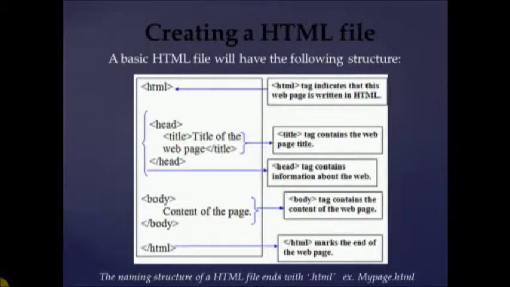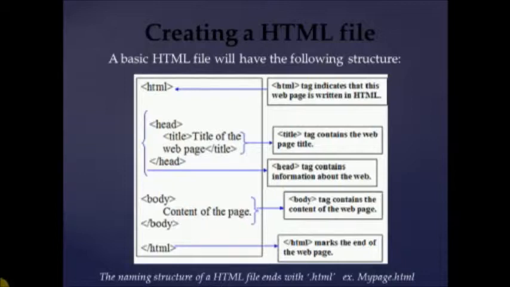Creating a HTML file. So a basic HTML file will follow the following structure as you see here in the image. First, our HTML page opens up with an HTML tag, and this tag indicates to the browser that the web page is written in HTML.